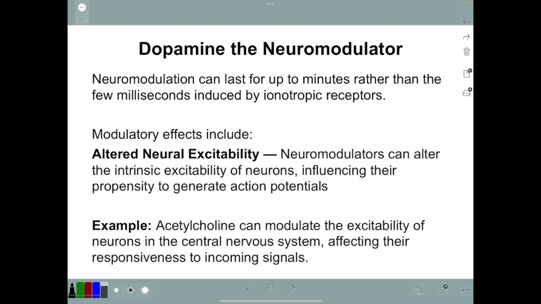So first, there are many different types of modulatory effects. This first broad one that I'd like to go over could be described as altered neuronal excitability. Neuromodulators have the ability to influence the intrinsic excitability of neurons, influencing their propensity to generate action potentials, either making it easier or making it harder. And we're all very familiar with the mechanisms of action potentials and what that requires.